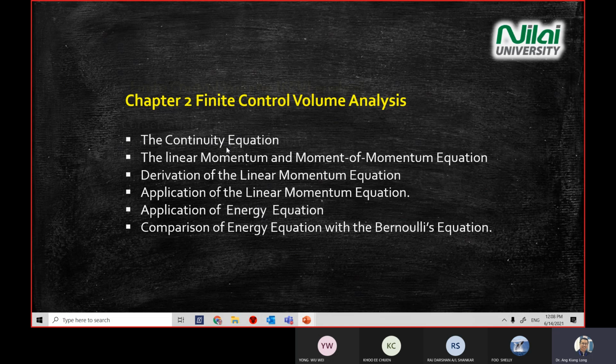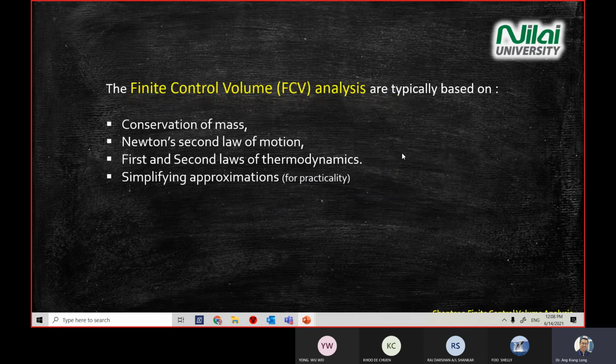So we're going to look at the first one. We start with our tutorial question number 1. It will ask you about FCV. What is FCV? FCV stands for finite control volume analysis. By its name, it means that we control the volume.